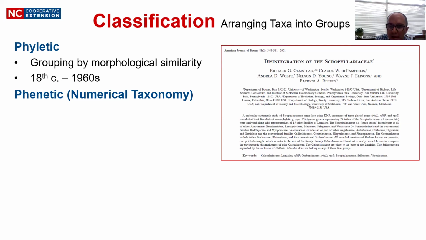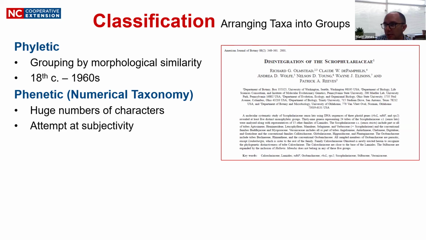Long story short, you throw as many characters as possible into a computer algorithm, and then you would group them by the most shared characters, with the hope that with the sheer number of data points, you would drown out any noise from parallel, otherwise ambiguous evolutionary relationships. And this was the thing in the 60s and 70s.